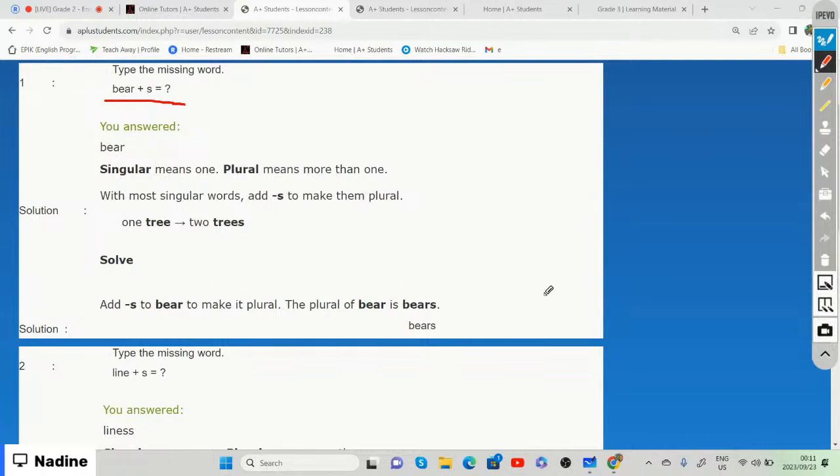So the word is bear. In order for us to show that there's more than one bear, they're telling us we need to add an S to the word. This is one bear. But as soon as we add the S, it shows that there's more than one bear. It is bears. Two or more bears.